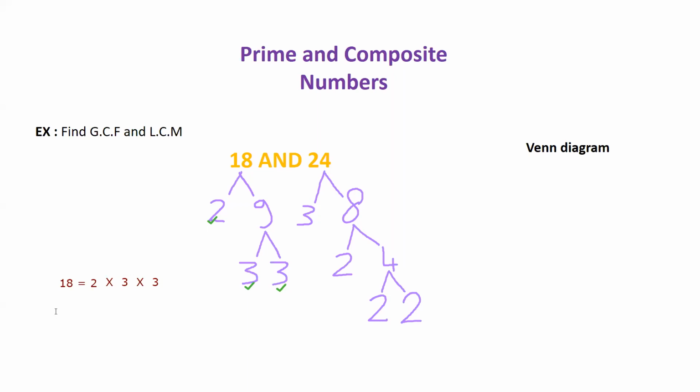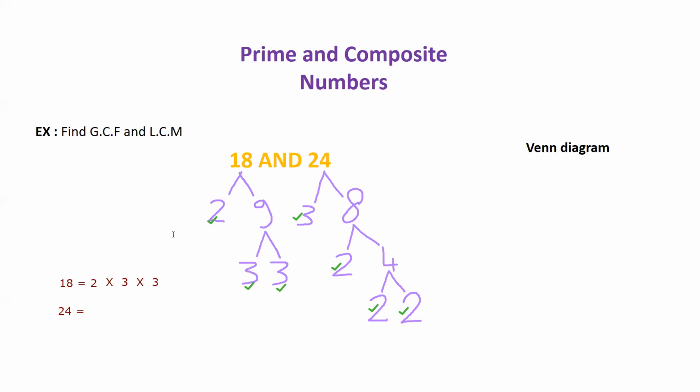Then below the 18, we have the second number, which is 24. What is the prime factorization of 24? Here we have 3, 2. Can we take 4? No, it's 2 and another 2.